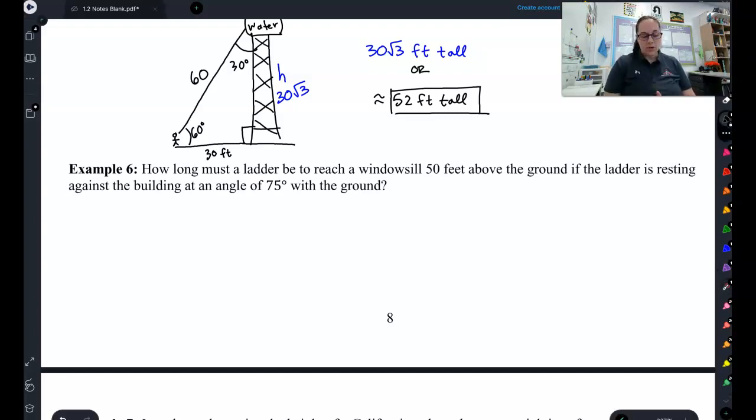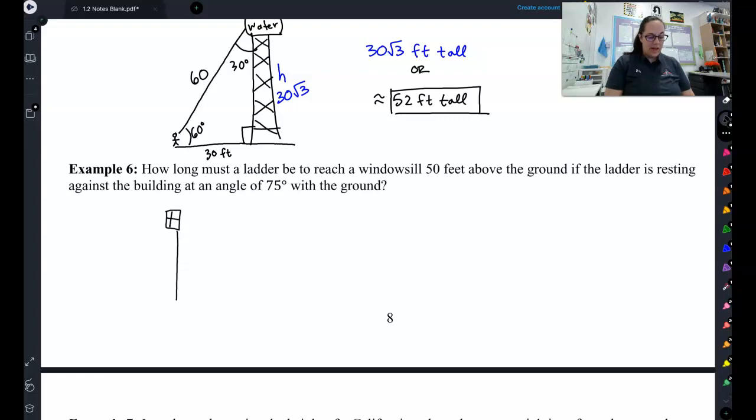So let's see what's going on here. How long must a ladder be to reach a windowsill that is 50 feet above the ground? Here's my windowsill. If the ladder is resting against the building at an angle of 75 degrees with the ground.